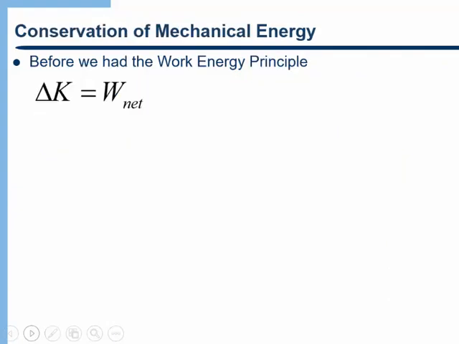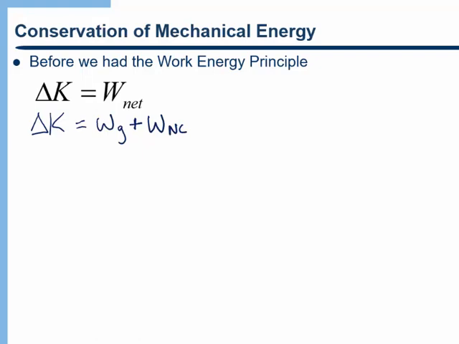Okay, so let's bring this all together. Before we introduce the concept of potential energy, our work energy principle said the change in kinetic energy is due to the work done by all of the forces acting on the object, the net work. What we now want to do is separate out the work done by gravity. So instead of directly calculating the work done by gravity, we want to replace that with the concept of potential energy. But first, let me separate out the work done by gravity, and then I'm going to say plus WNC.